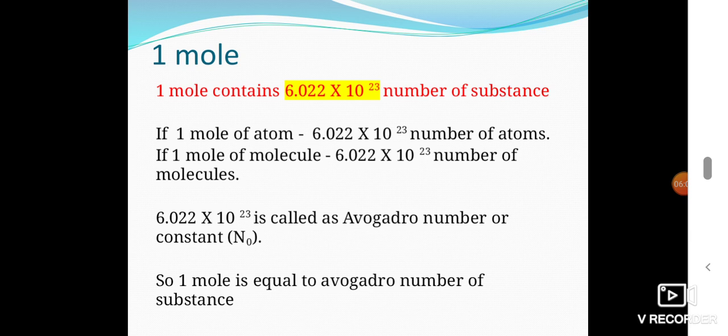So let us say 1 mole is equal to Avogadro number of substances. It is also correct, isn't it? 1 mole is equal to Avogadro number of substance.